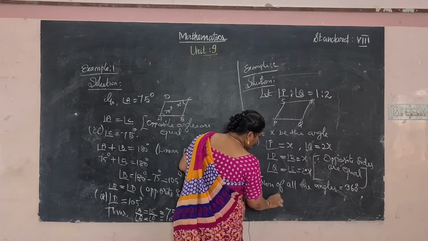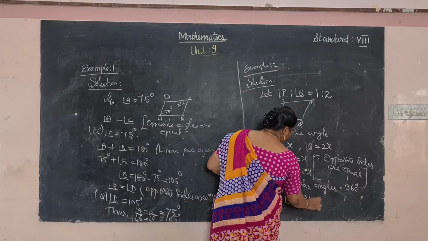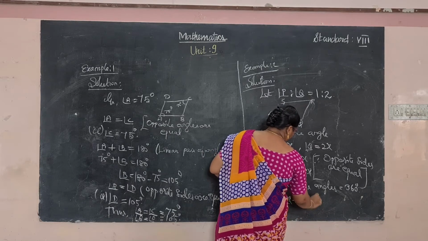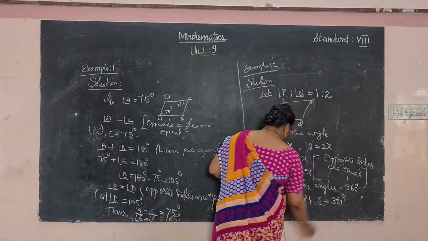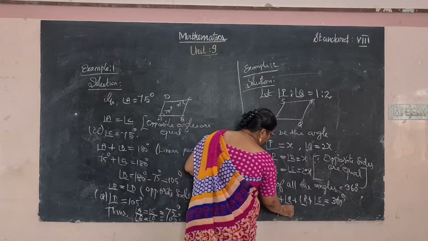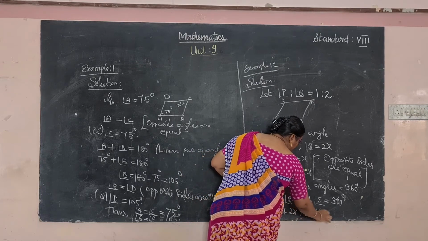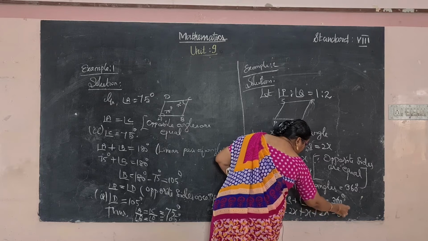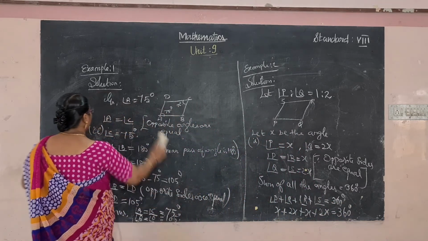So what are the angles? Angle P plus Q plus R plus S is equal to 360 degrees. The P value is x, Q value is 2x, R value is x, S value is 2x, equal to 360 degrees.